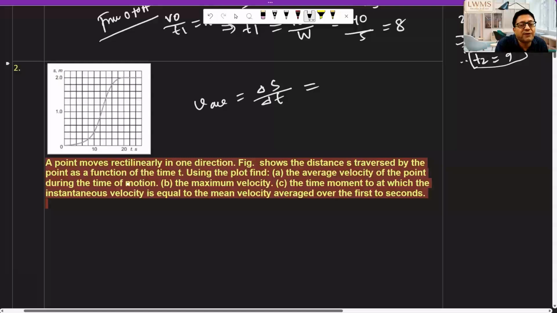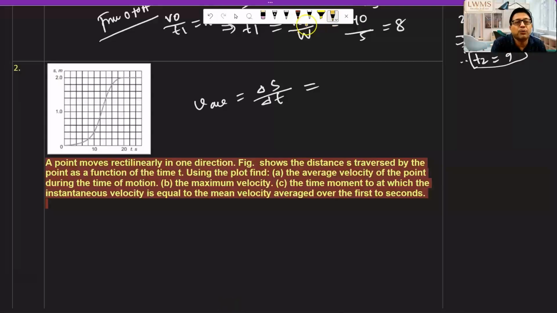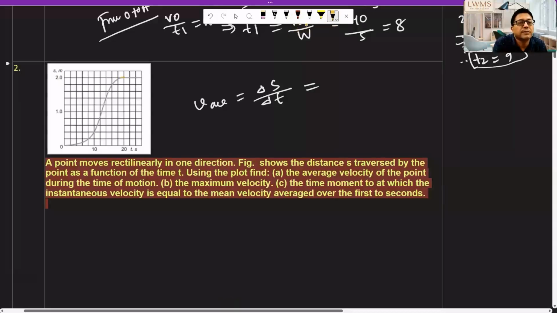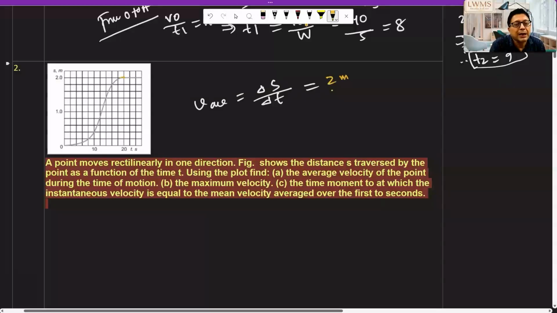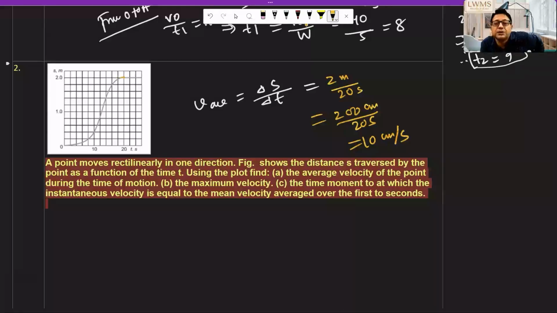The graph is finally intersecting at this point. So delta S is 2 meter and time is 20 seconds. So I am taking 200 centimeter by 20 seconds, 10 centimeter per second. Clear? Average velocity of the point during the time of motion, done.